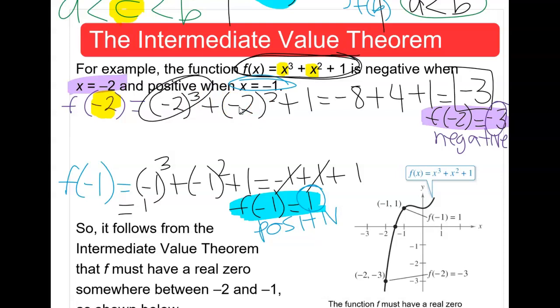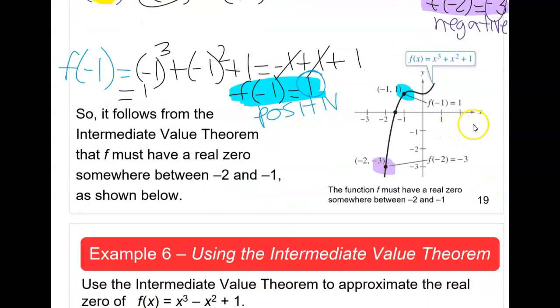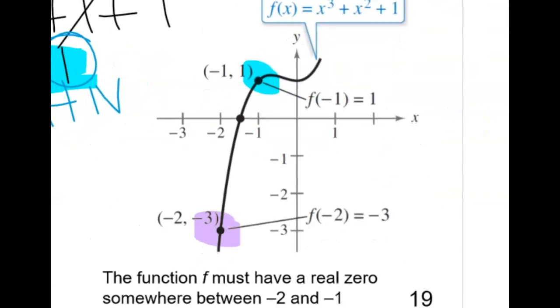And we could see our points here to confirm. f of -2 is here. So as you can see graphically, there is a 0 in between those two x values. These were the x values that were given to us.